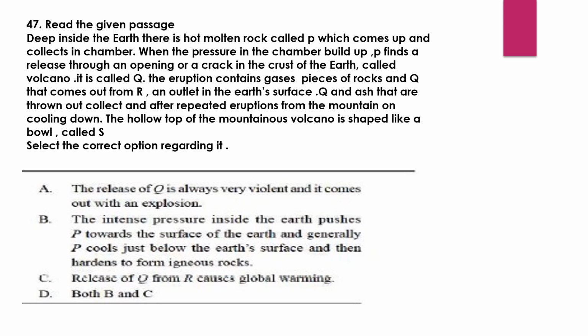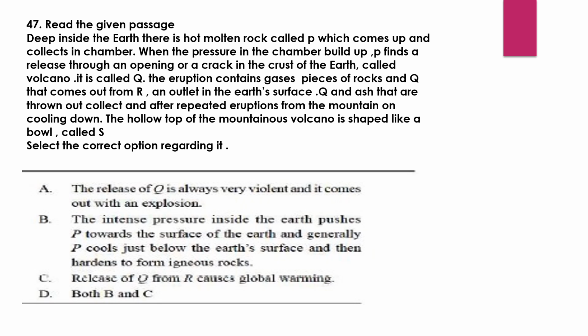It is called Q. The eruption contains gases, pieces of rock and Q that comes out from R, an outlet in the earth's surface. Q and ash that are thrown out collect, and after repeated eruptions form the mountain. On cooling down, the hollow top of the mountainous volcano is shaped like a bowl called S. Select the correct option regarding it.